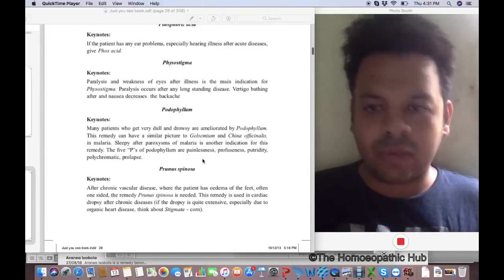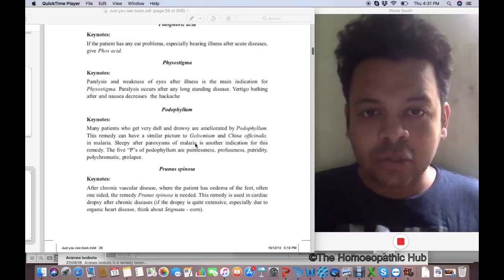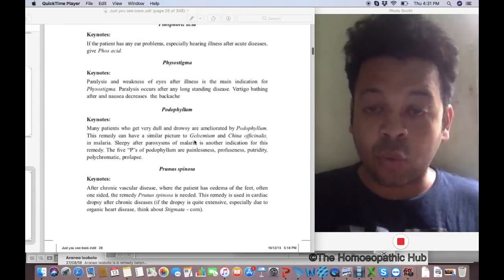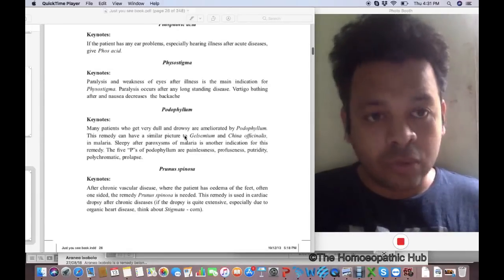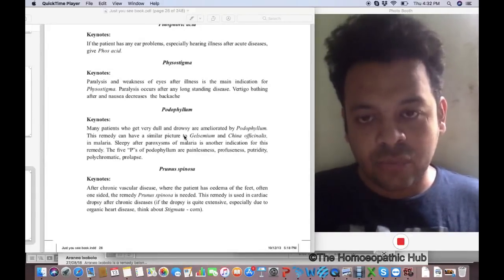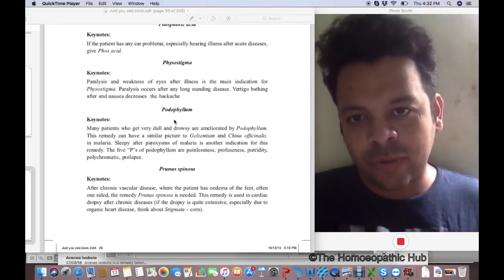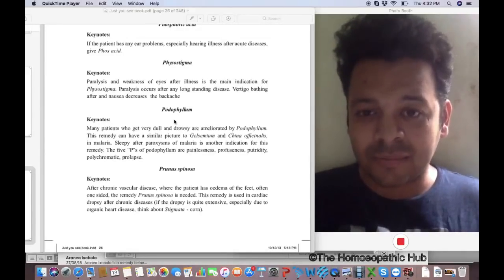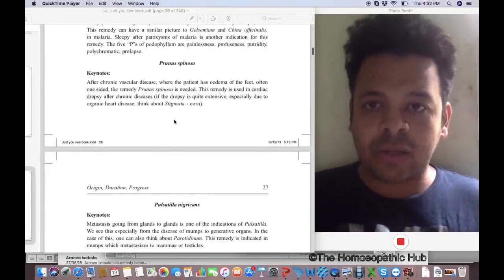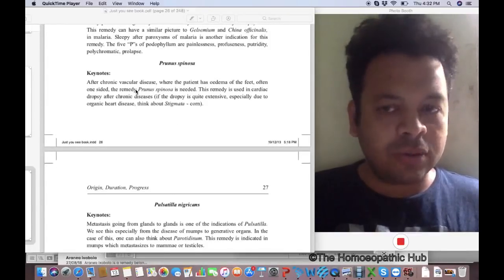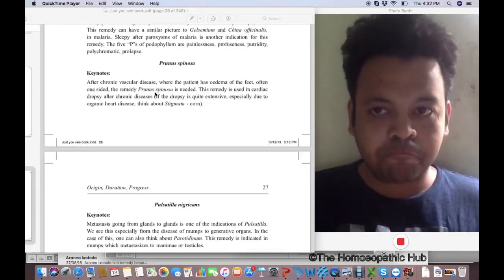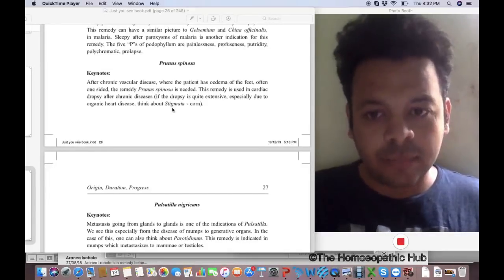But one thing I want to tell you, podophyllum is a top remedy for malaria and fevers. Loquacity during fever, think of podophyllum. In fact, once my guru Dr. Sarkar showed me a case of liver cancer which got cured by podophyllum. So interesting, isn't it? Prunus spinosa, dropsy of the feet after cardiac pathology. Think about prunus spinosa. Another remedy, stigmata.